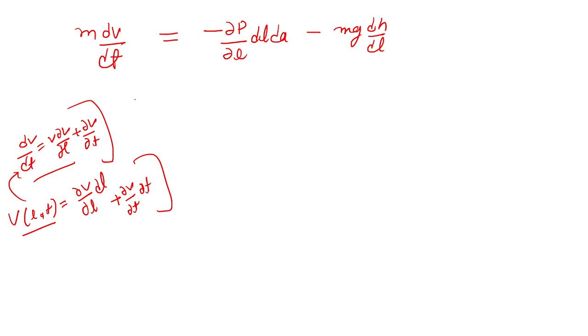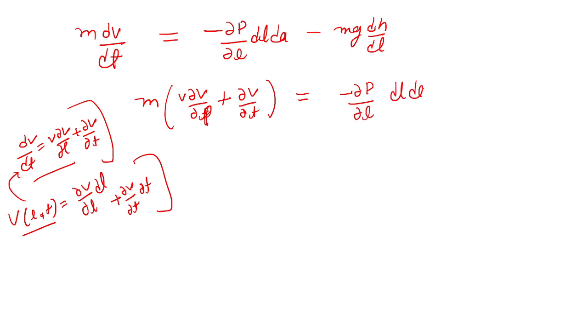So the value of dV over dt, that is ∂V over ∂T plus V ∂V over ∂L, is equal to minus ∂P over ∂L dl dA minus mg dh dl.